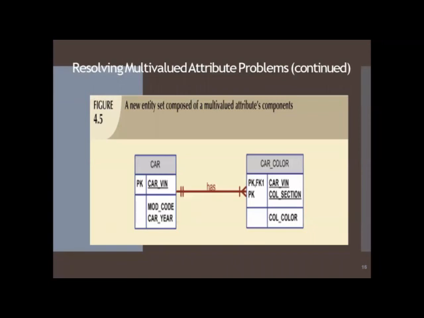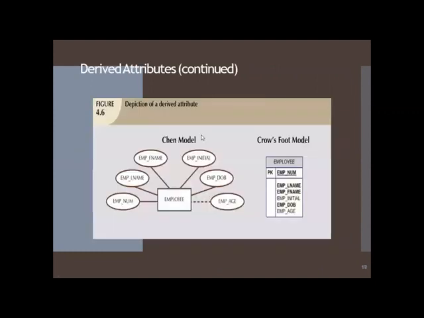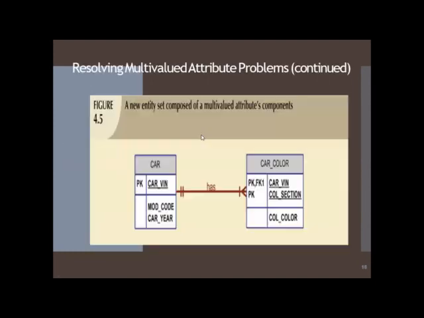A new entity set composes a multi-valued attribute component. This slide describes the car entity and then the car color entity.